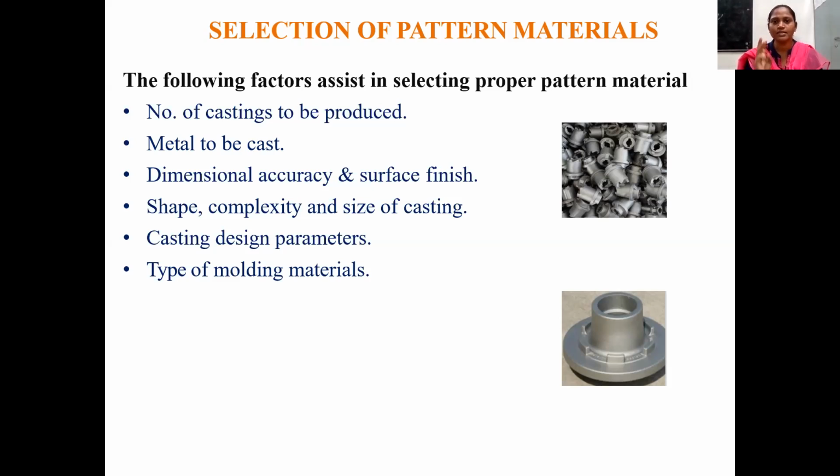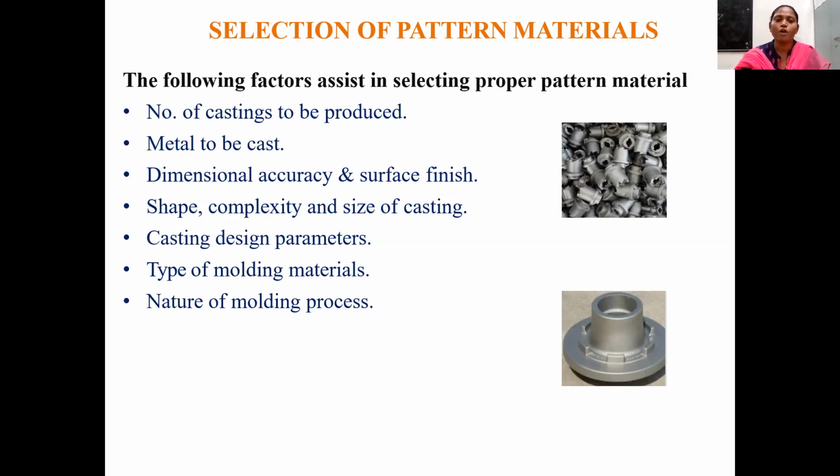So obviously these three terms will be included: silica sand, clay, along with that moisture content, water content. Along with this, any other extra ingredient or additives added beyond these three, depending upon that also you are going to select the proper pattern material.